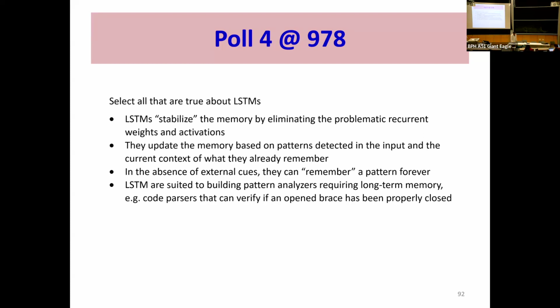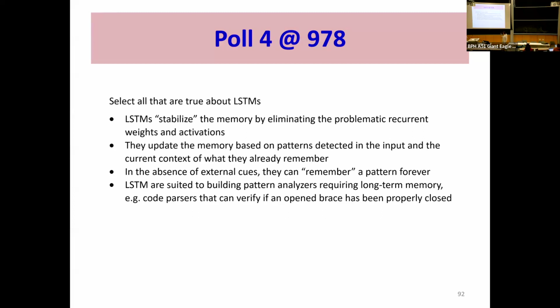Actually, since we're going to be running out of time, why don't we just take these questions straight? The first statement, true or false? True, right? They stabilize memory by eliminating problematic recurrent weights and activations. Second one, true. They update the memory based on patterns detected in the input and the current context of what they already remember. The third one, true or false?